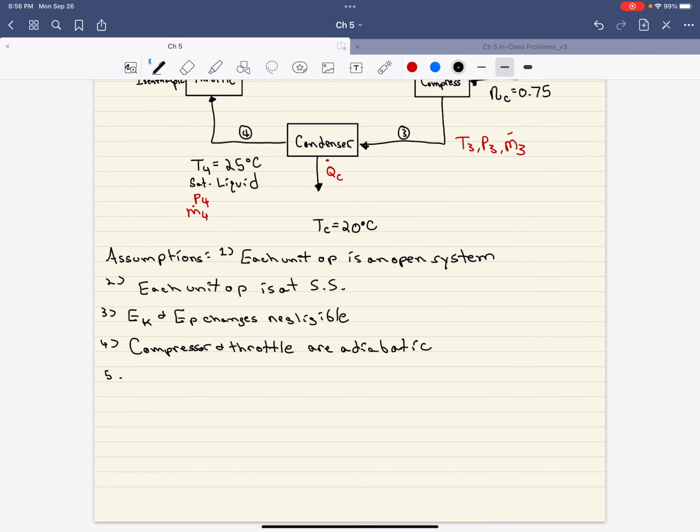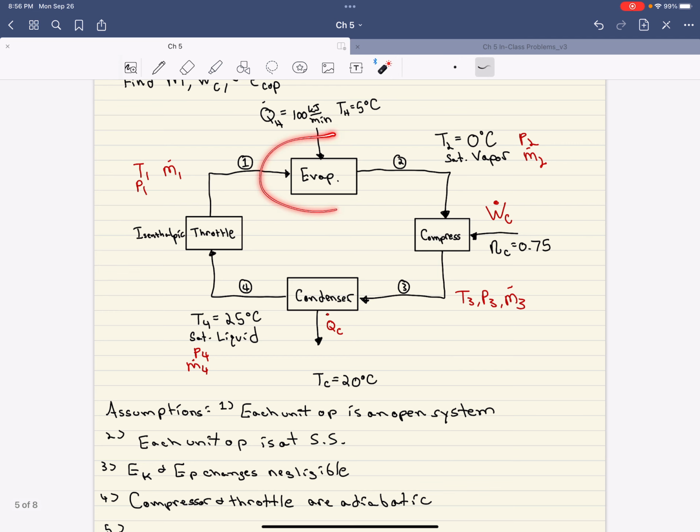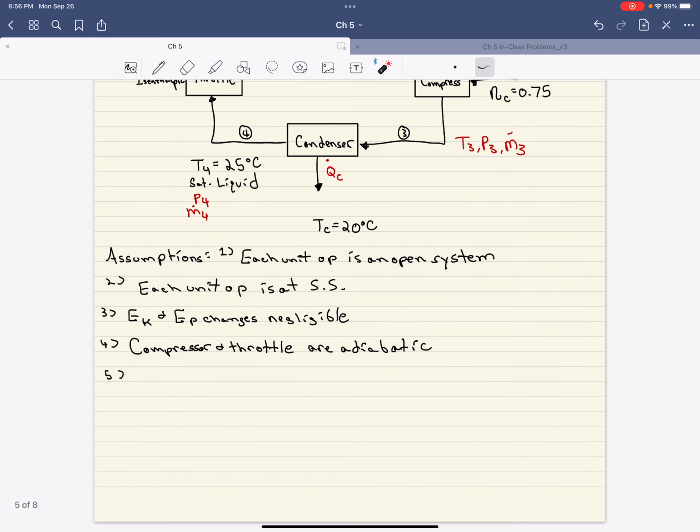For the evaporator and the condenser, this evaporator is otherwise known as the boiler, they're going to be isobaric. So there's not going to be any sort of pressure changes there. And also in the evaporator and condenser, there's not any moving parts we need to worry about. So we're going to say the shaft work at those places is equal to 0.